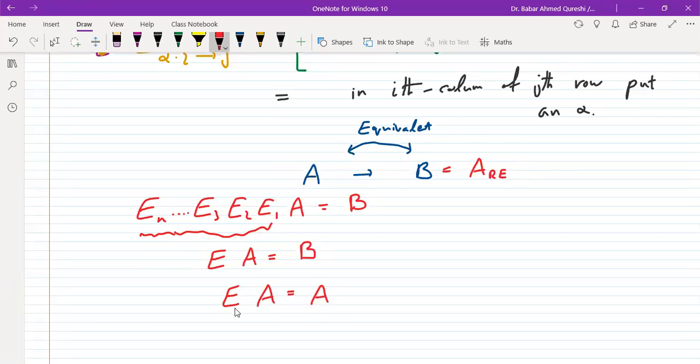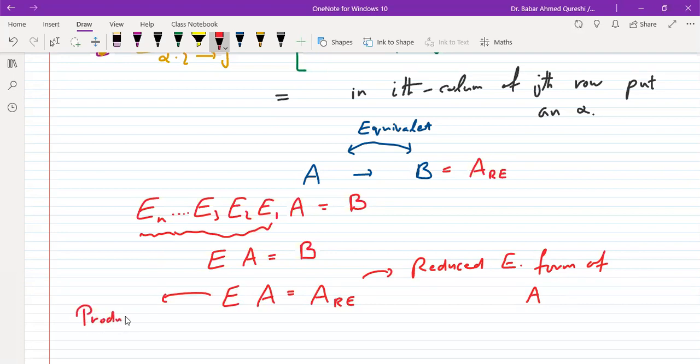So finally, I will have one matrix which, when multiplied with A, will give me the reduced echelon form of A. This is the reduced echelon form, and these are products of elementary matrices.